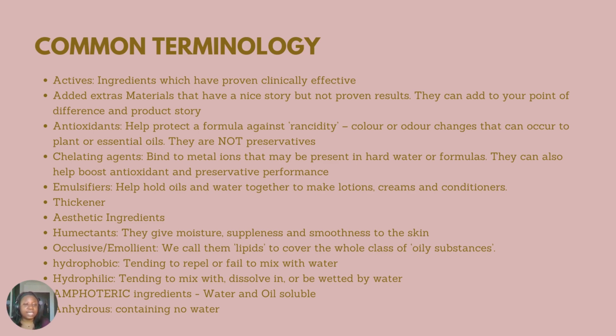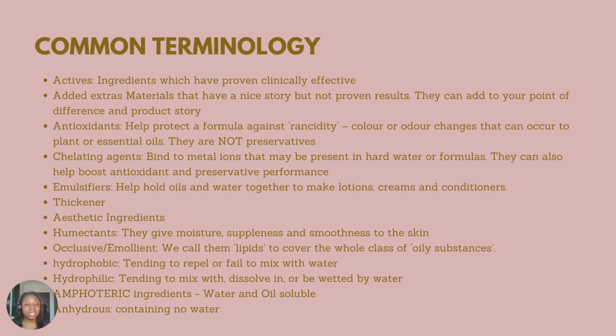We also have on the list emulsifiers. So emulsifiers are those ingredients that help you to properly bind water and oil together in your formula. So for example, if you want to make a lotion and you do not have an emulsifier, water and oil do not mix, right?